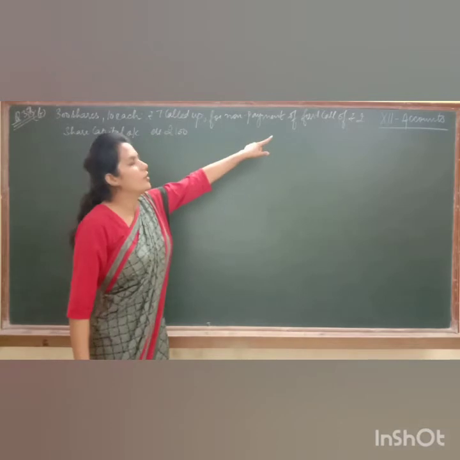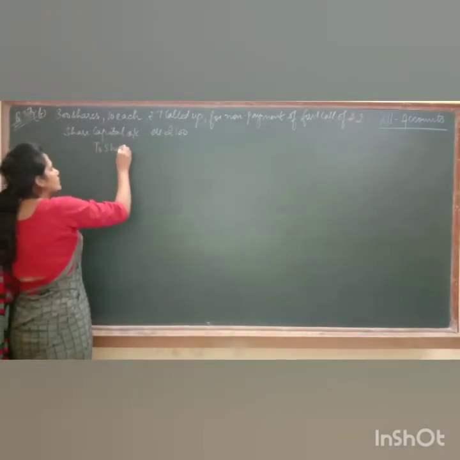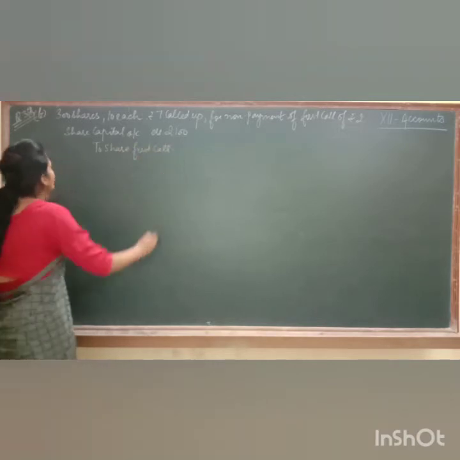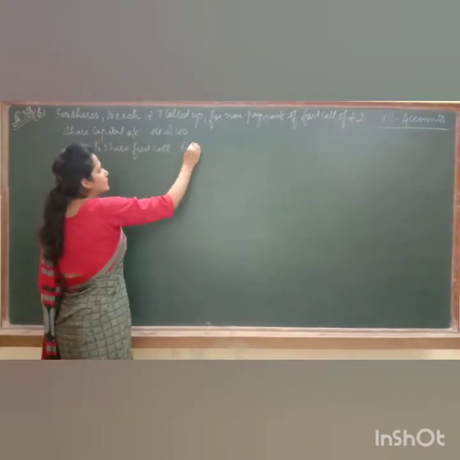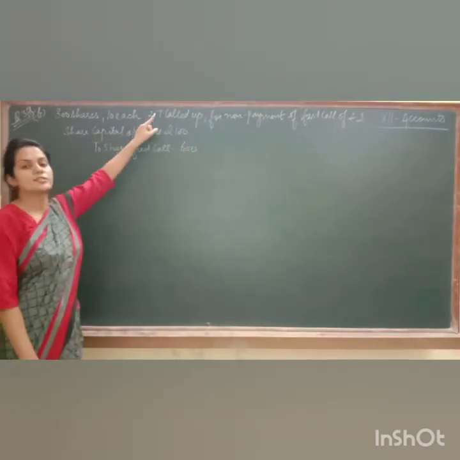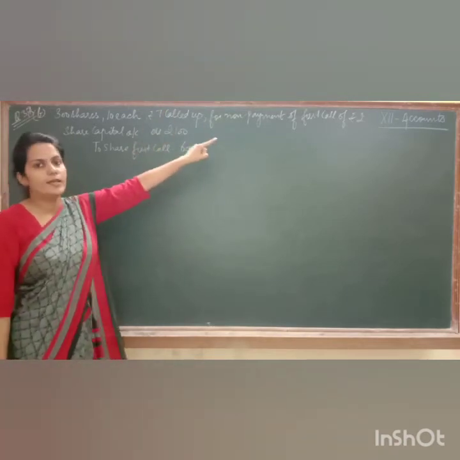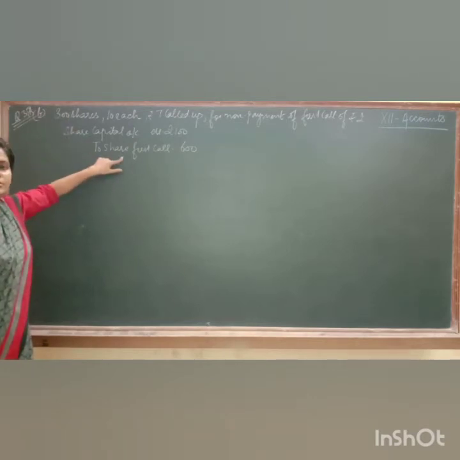For the non-payment of first call, we write to share first call, 300 into 2, that is 600. It means that the company has called only the first call and the person did not pay the first call on 300 shares, so we are cancelling his shares.